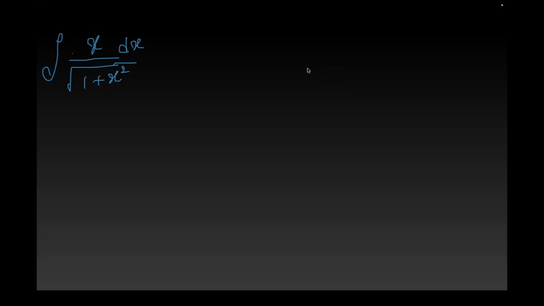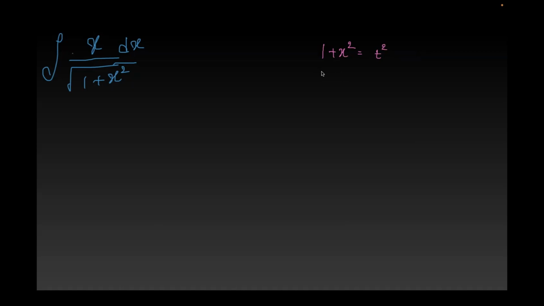Listen to me very, very carefully. Whenever you have a root, don't take the root of 1 plus x square as t. Instead, take 1 plus x square as t square.